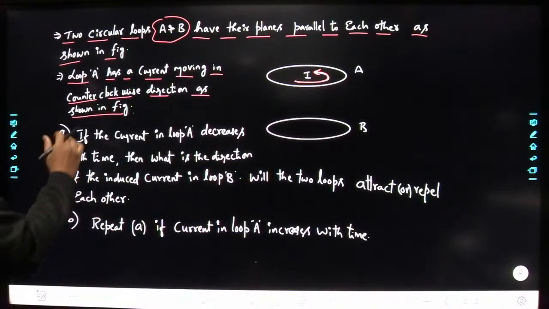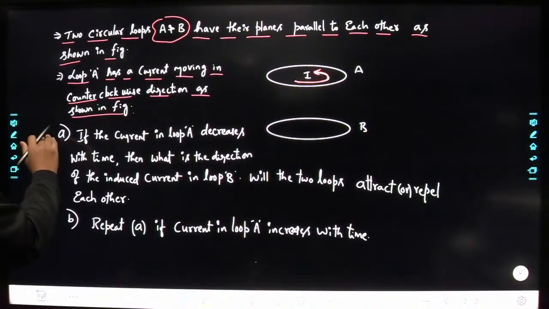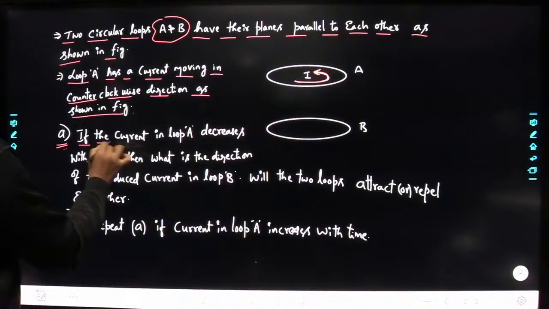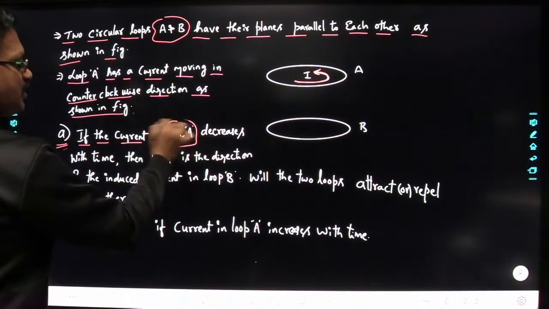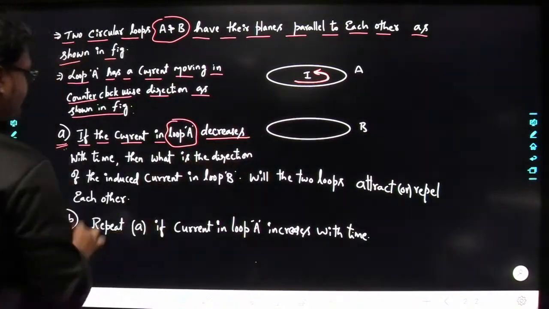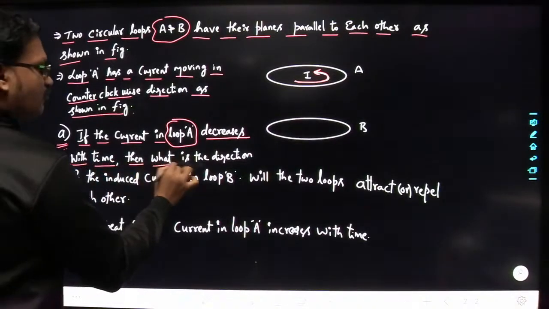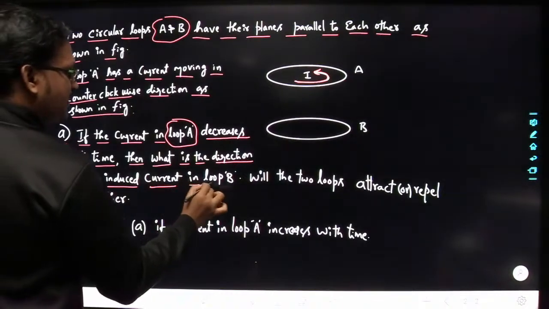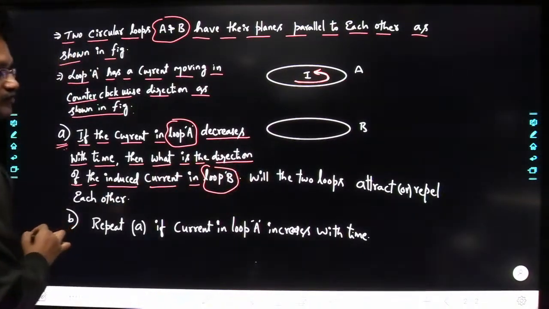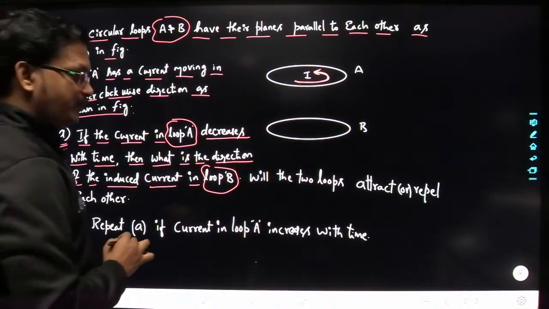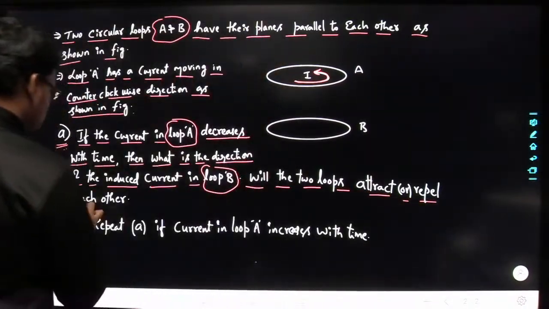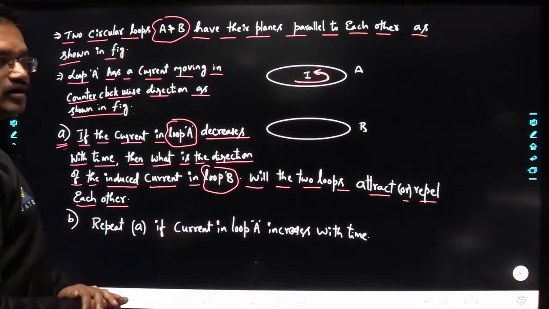Next, they are asking that if the current in loop A decreases with time, then what is the direction of the induced current in loop B? Will the two loops attract or repel each other?